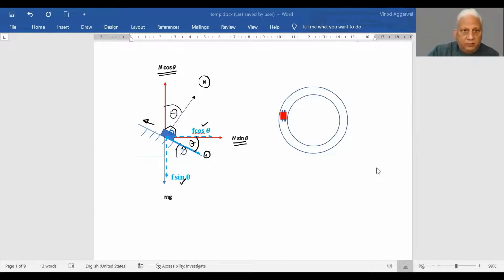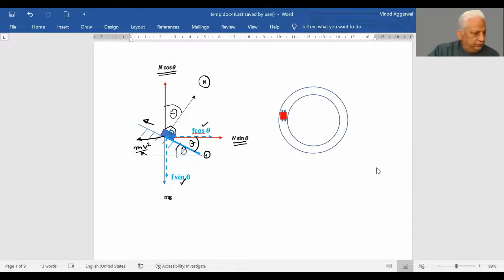Because of centrifugal force, there will be a force acting in this direction, which will be mv square by r, where v is the linear tangential velocity of the moving car, and r is the radius of the circular road.